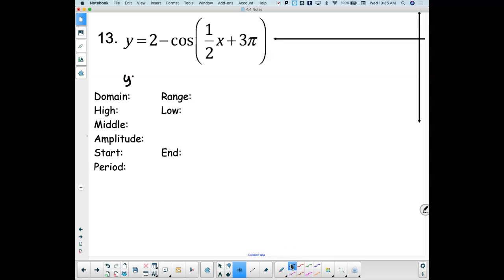So we got y equals 2 minus cosine of 1/2 times the quantity x plus 6 pi.